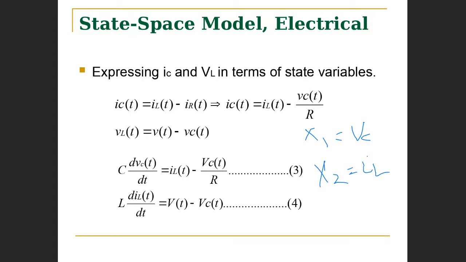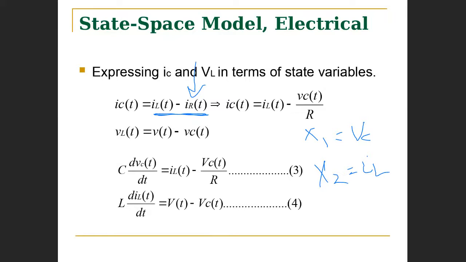We substituted for IC and we have IL minus IR. Look at the two variables. Do we have state variables only there? Answer is no. Of the two variables there, only one fits the bill, IL. Therefore, we now have to make a substitution for IR.